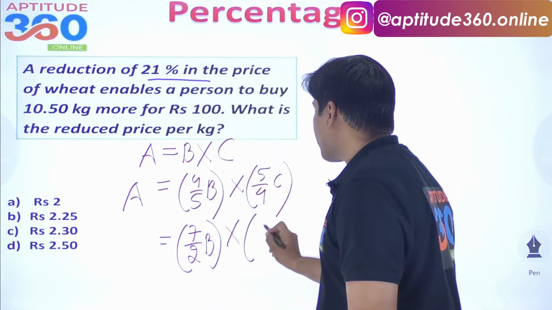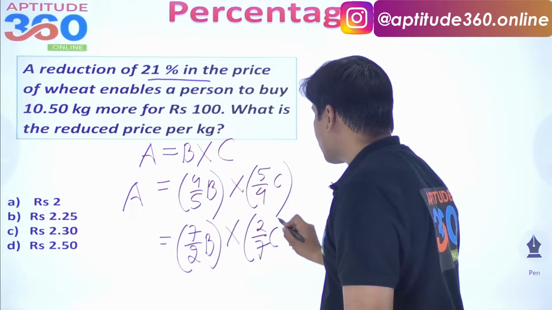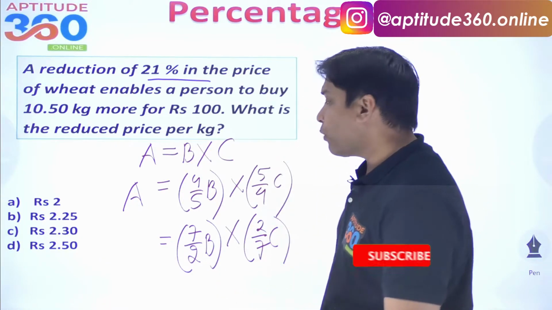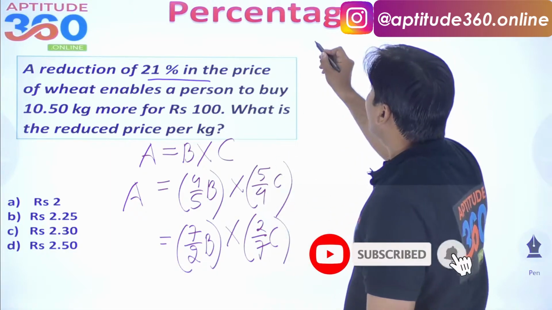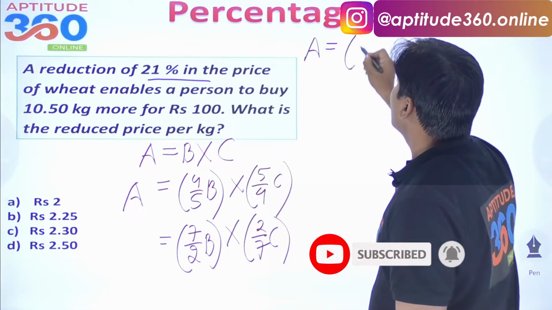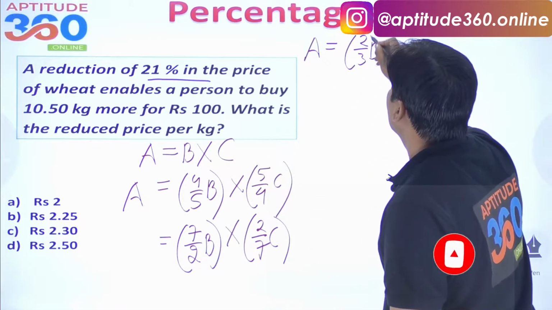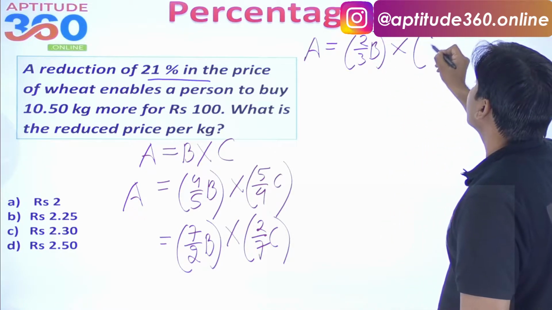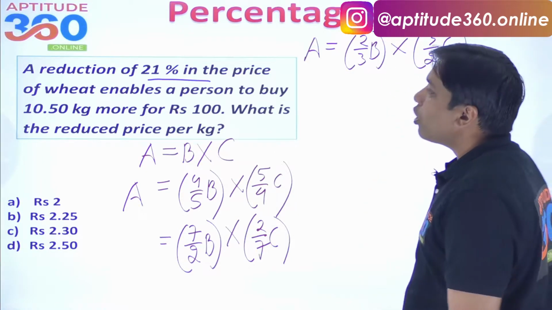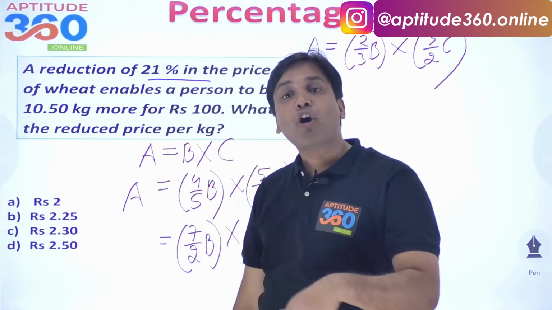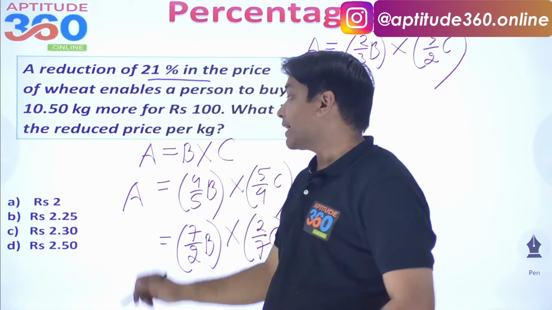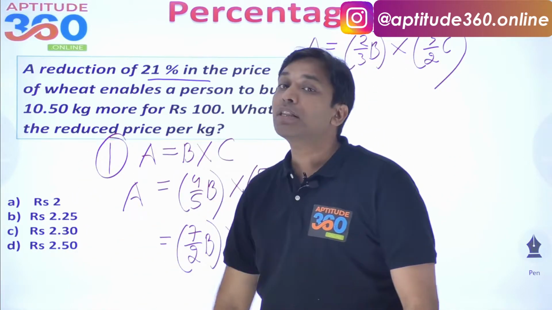The next value is going to be nothing but 2/7C. If one value becomes 2/3B, the other value will have to become nothing but 3/2C. So it's always the reciprocal of the other. That's understanding number one to deal with such problems.